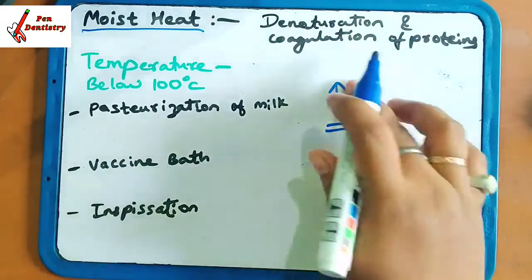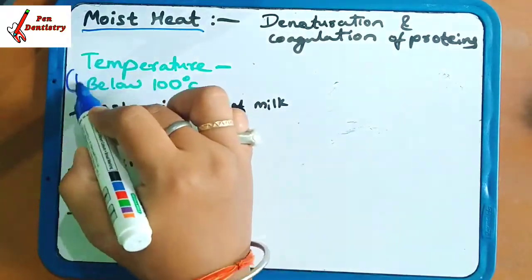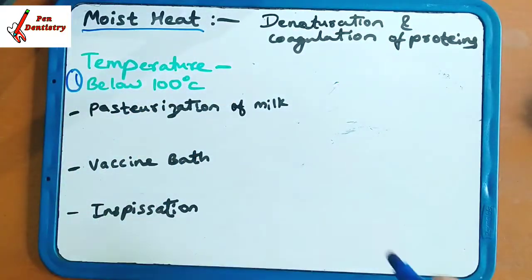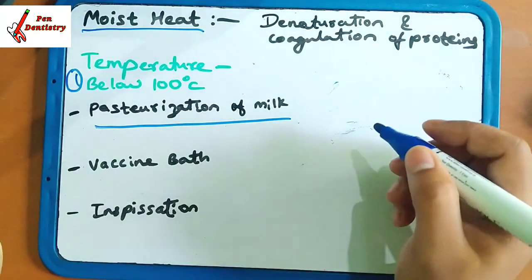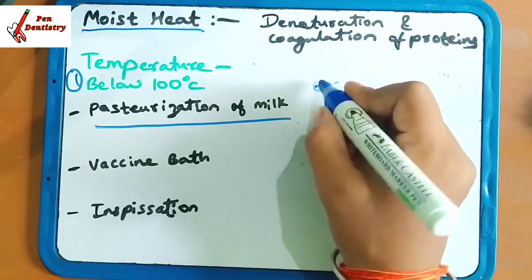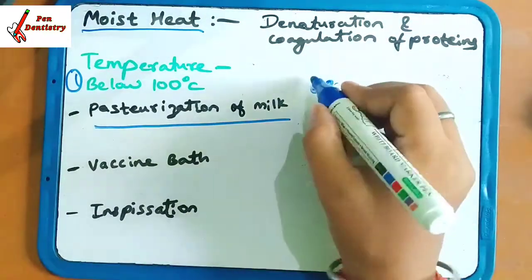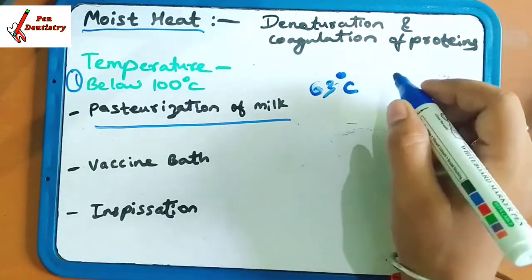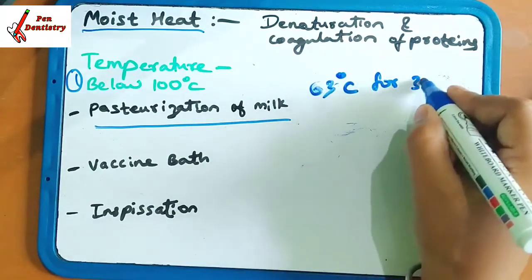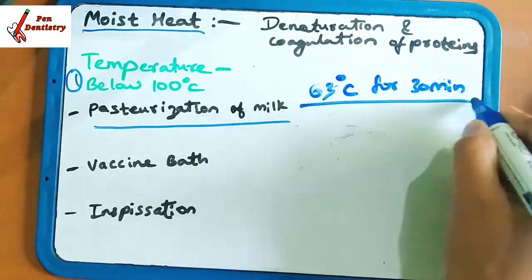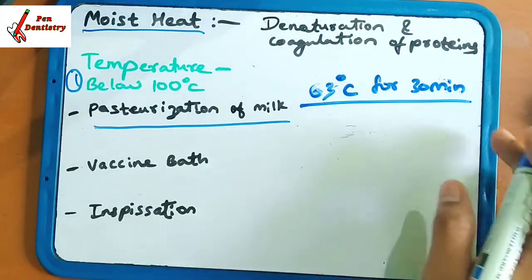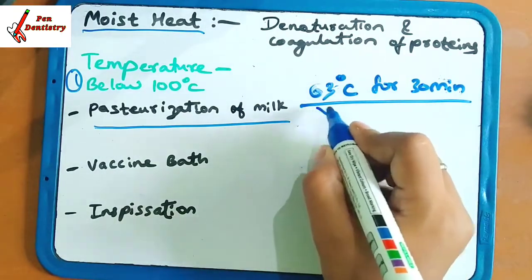First we will take temperature below 100. In temperature below 100, first is pasteurization of milk. This takes place at 63 degrees Celsius for 30 minutes. This is known as the Holder method.